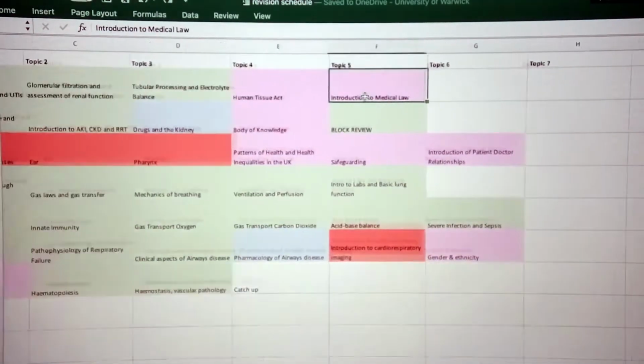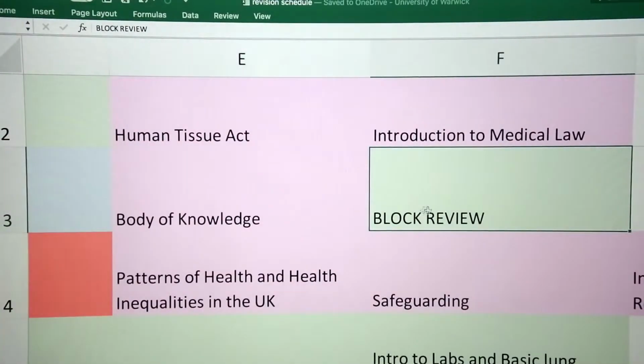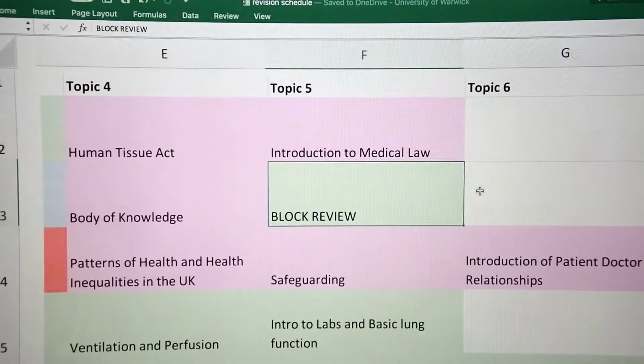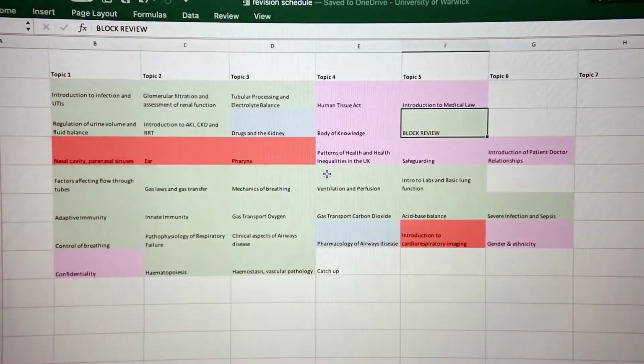If I zoom in, you will see that I've got a section called block review, which is a chance for me to go over everything I've learnt, go over cards, questions, things like that, or go over things that I don't quite fully have my head around, or if I've fallen behind, it's a chance for me to catch up.